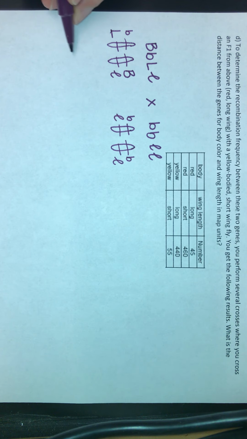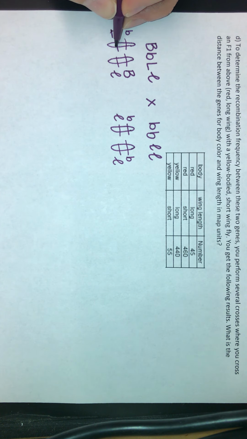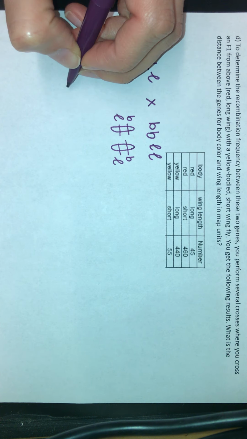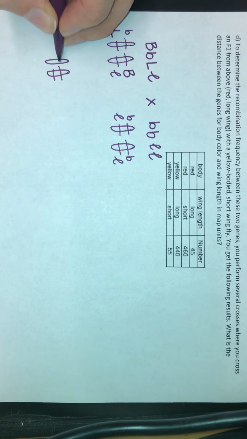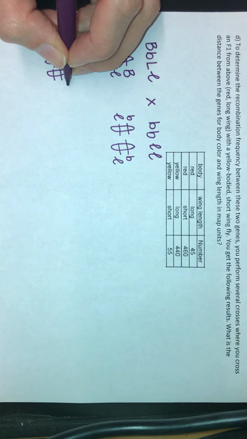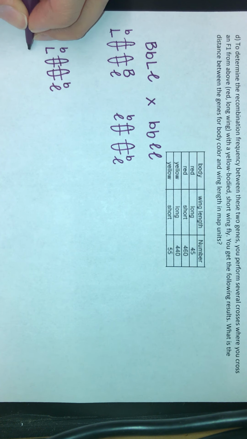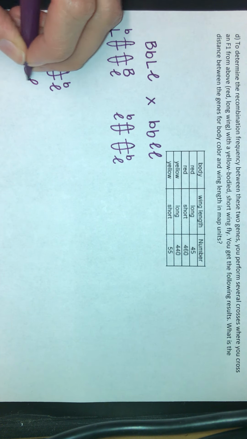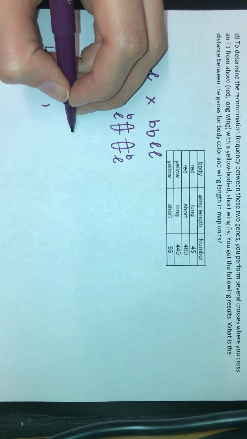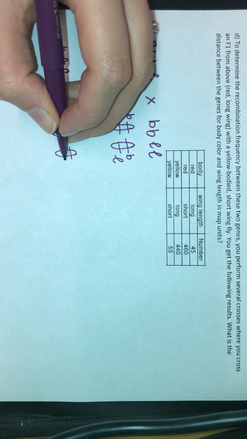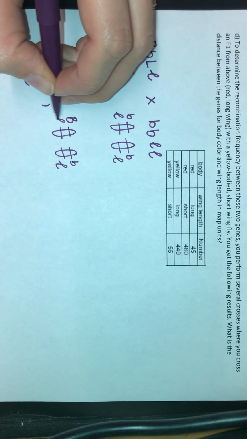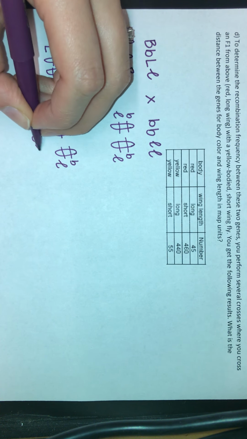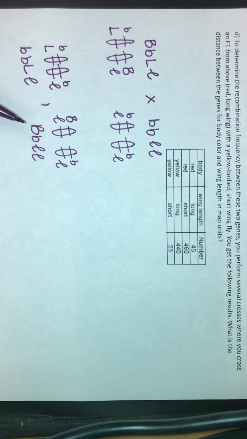All right, so I'm going to figure out what my possible offspring are, taking one set of genes from one parent and one set of genes from the other parent. What if I were to inherit the other chromosome? So these are the two possible genotypes that I expect to get.